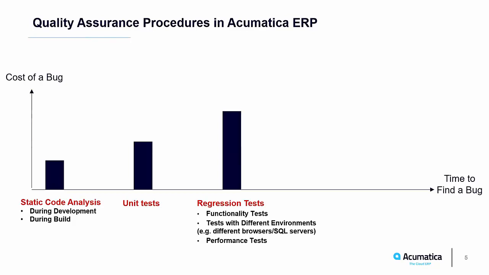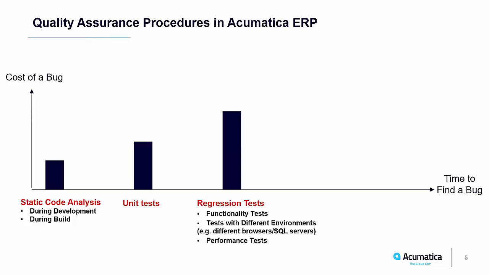Another thing is that once you see that the system behaves in an unexpected way during regression testing, you don't really know which particular line of code is causing that issue. So you, as a developer, need to first analyze which change breaks the behavior, and then you need to go back to the code and fix it.